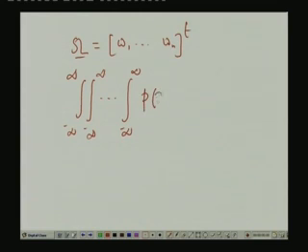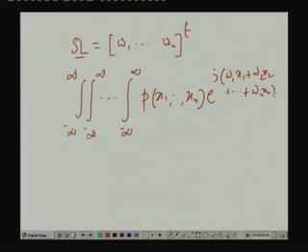Take the joint density and multiply it by e to the power j times omega 1 x1 plus omega 2 x2 plus dot dot omega n xn, and integrate with respect to x1, x2 up to xn. Okay.